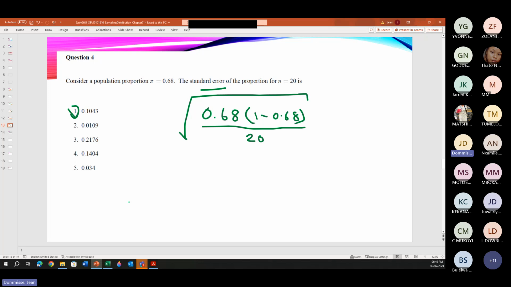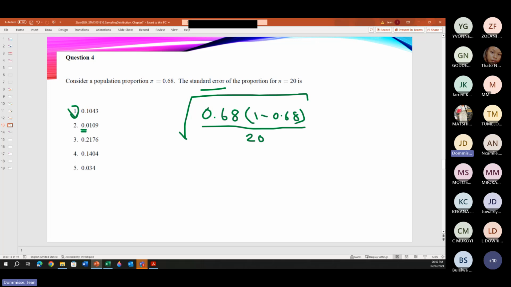But again, look at just how close some of these things are if you misread the calculator. Some of it is totally wrong, but also if you didn't take the square root, there's probably an answer for you as well. If you didn't take the square root, that would have been your answer.